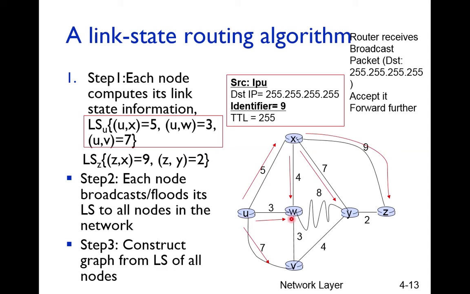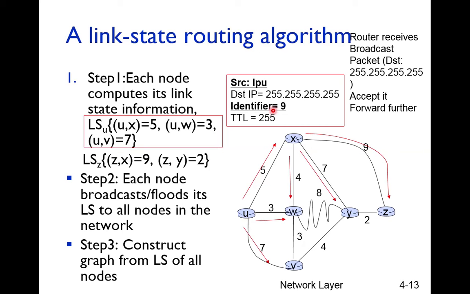To avoid these redundant messages, or duplicate packet forwarding, we have this mechanism. This message also has the source IP address. What is the source IP address? The source IP address is the IP of U. And whenever a message is generated, there is an identifier. We have discussed it in the IP protocol.